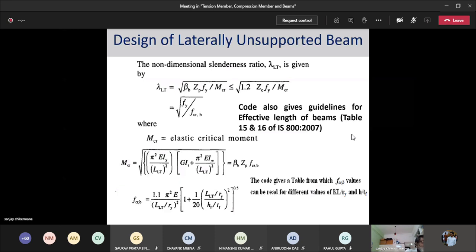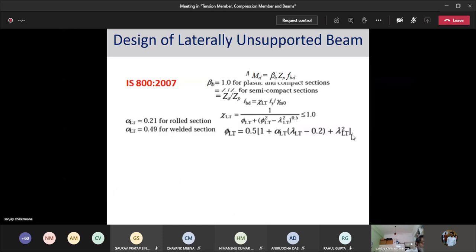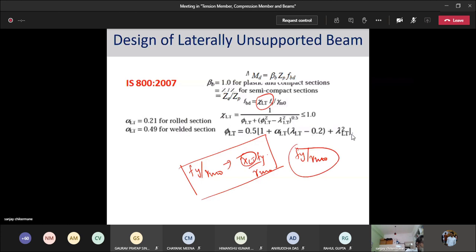If a beam is laterally supported, you just do Fy by gamma m0. And if a beam is not laterally supported, we do some reduction factor times Fy by gamma m0.